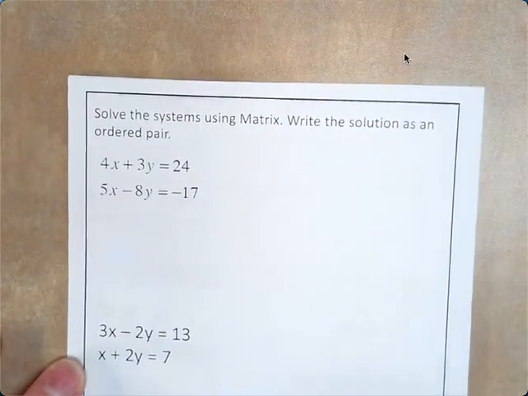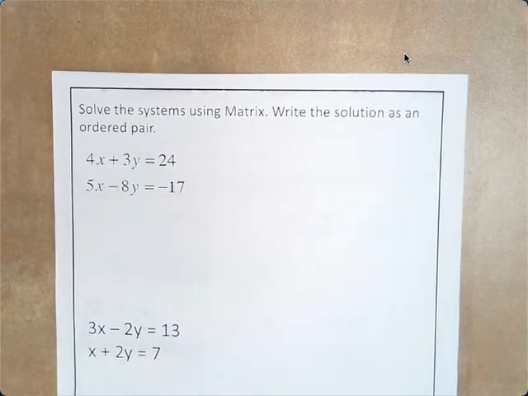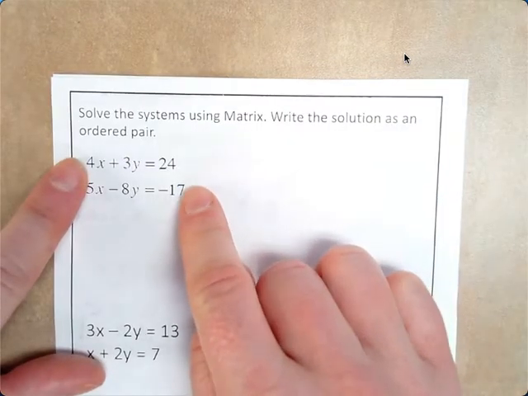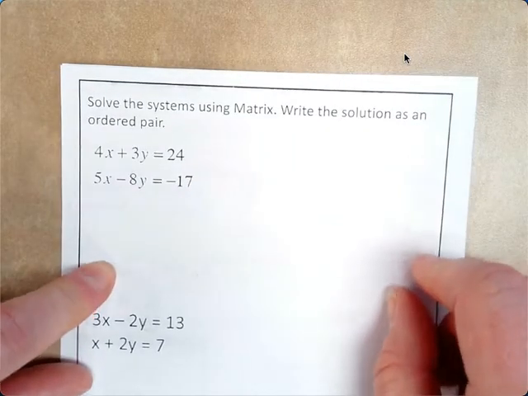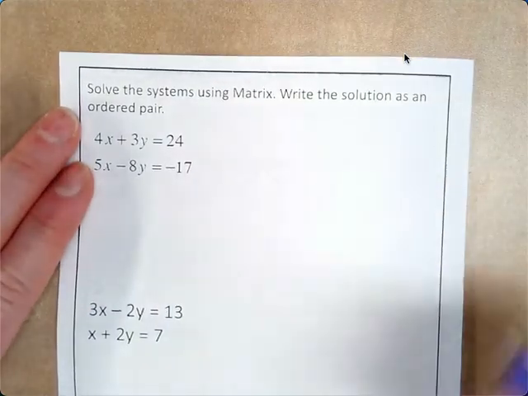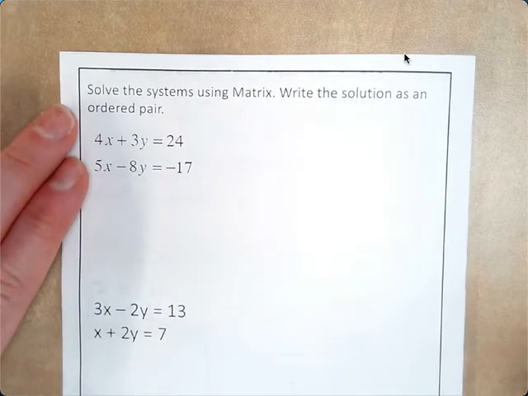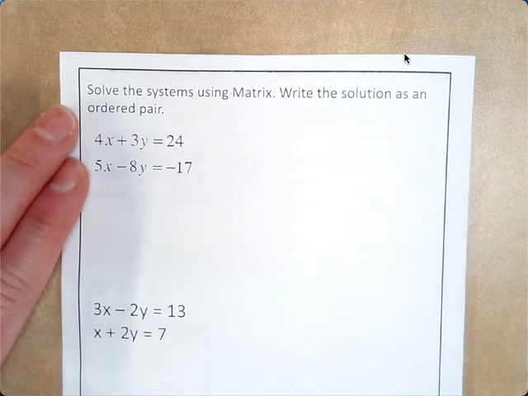So I have a few more examples, of course. Solve systems using matrix, write the solution as an ordered pair. On each one of these, I want you to write it as a matrix, then use your calculator to find your x and y values. So go ahead and do that. I'm going to write it down, but you don't have to follow along with me if you know what to do.